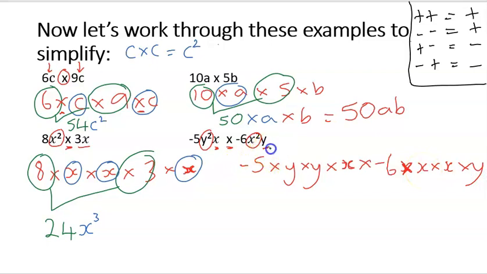So the first thing we'll do is multiply negative 5 by negative 6. Now the rules for multiplying the numbers also will tell you that you ignore those signs. So pretend they're not there and just multiply the numbers together first. So that means you're multiplying 5 by 6 or 6 by 5, which is 30.